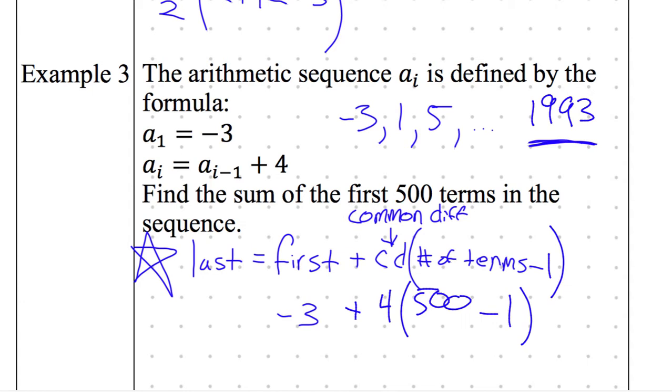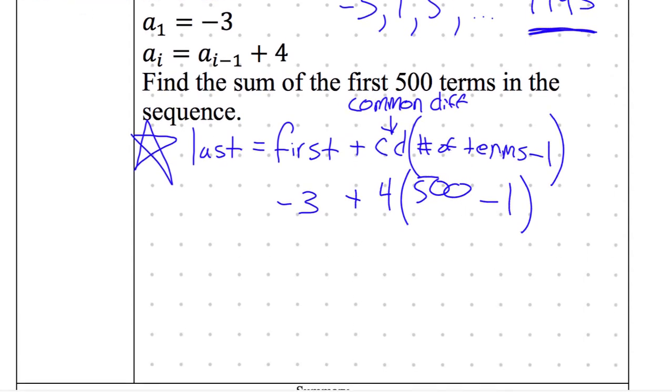Do I have everything for my formula? What do I need for my formula? I need 3 things. I need the first thing. Do I have that? What else do I need? Common difference is used to find the last thing, so we don't quite need that, but we did need it in order to find the last thing.